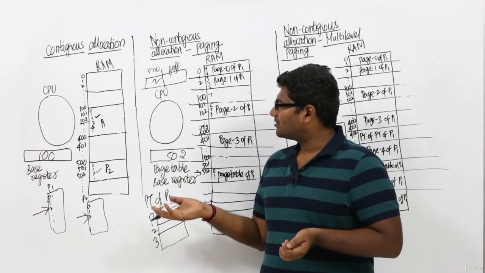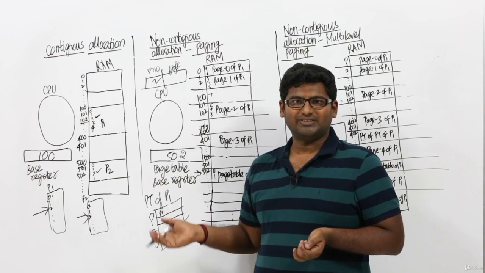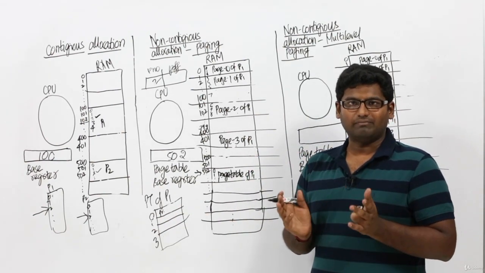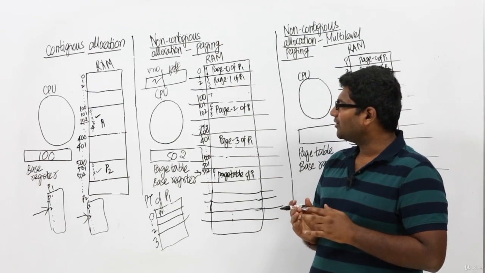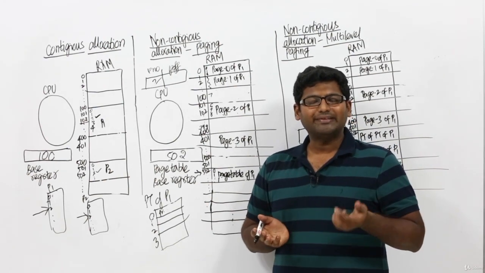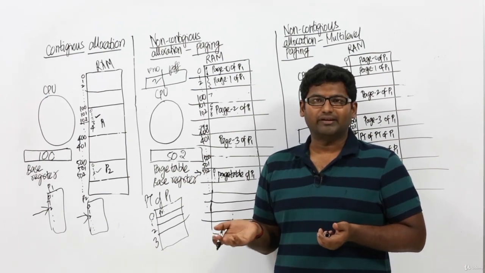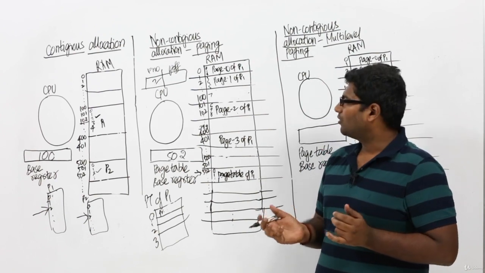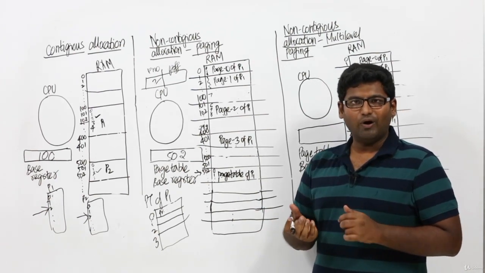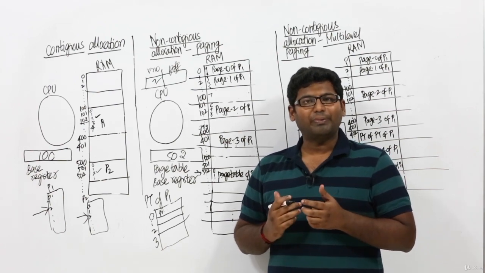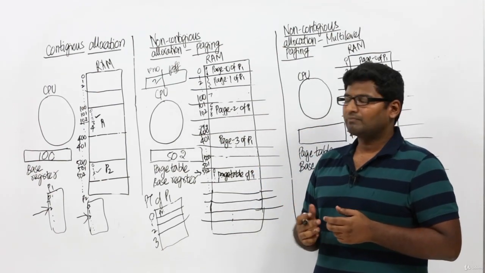Why? Because it doesn't know the location in which a process is present. These intuitions will make you remember the concepts for a long time. If you simply remember that it will generate a logical address, but you don't know why it is generating a logical address instead of a physical address, you will keep forgetting it after some time. That is really useless. So the most important point is intuition. Why is this happening? Why are we implementing it like this? That is what you should be spending the majority of your time on.